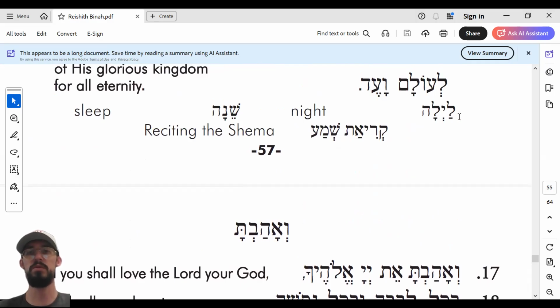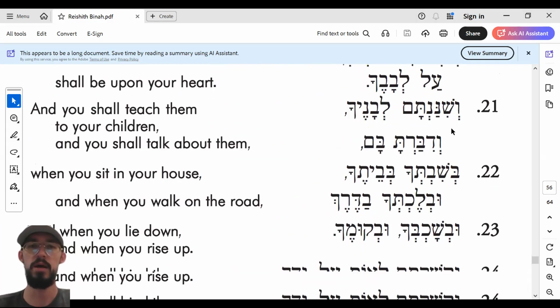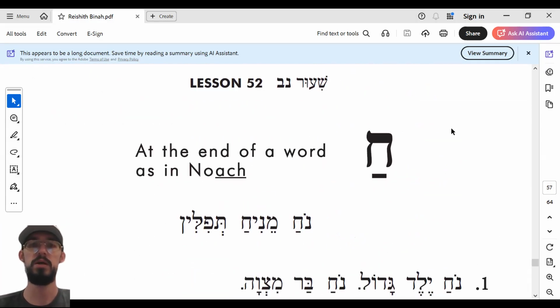Even this, laila, right? You have the consonant first, then the vowel, then the consonant, and the vowel. This is how you want to read it, in this type of motion: consonant, vowel, consonant, vowel. What happens here with the chet and the pataḥ at the end of the word, it will be ach. And it's going to be like a switch.